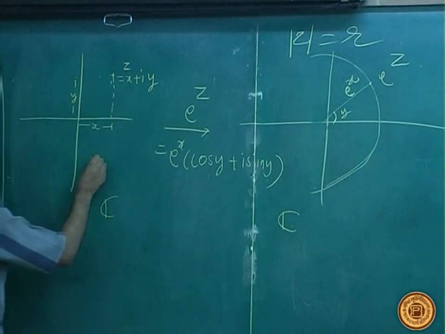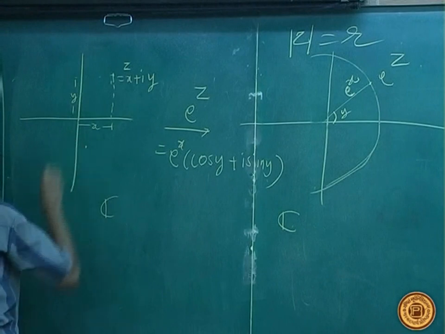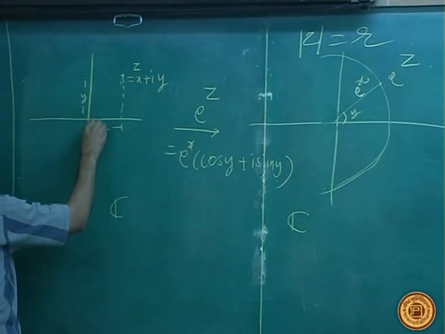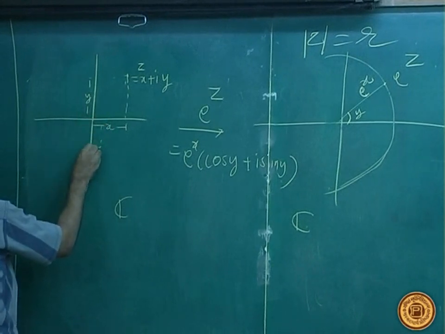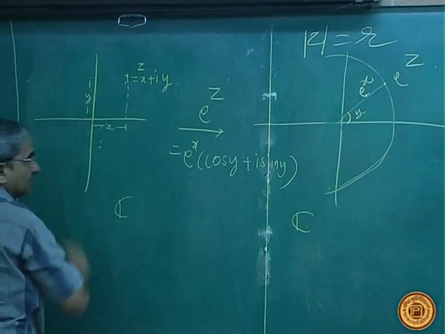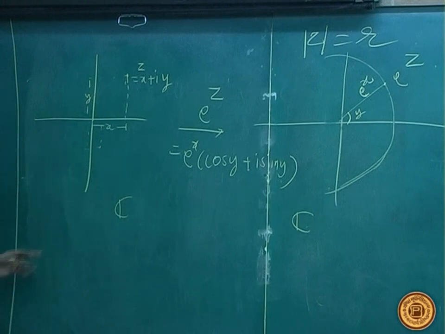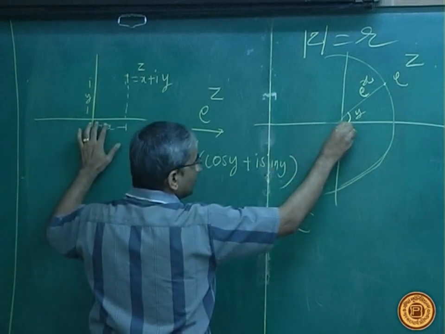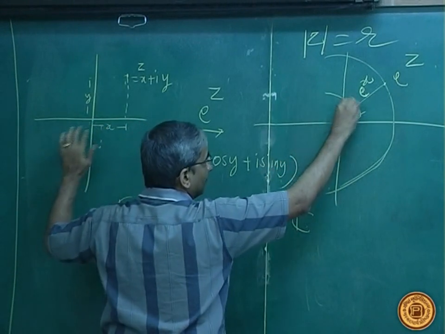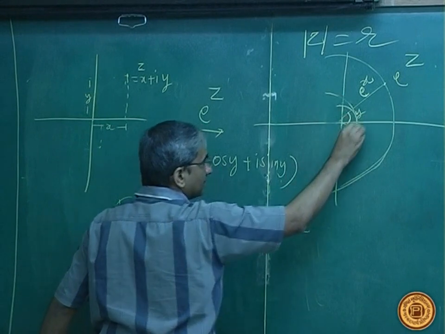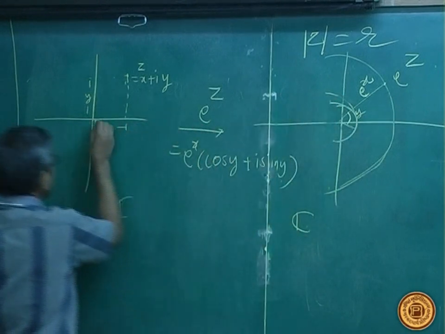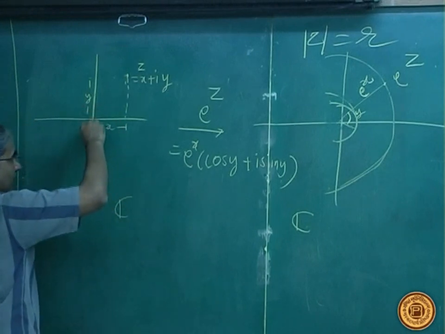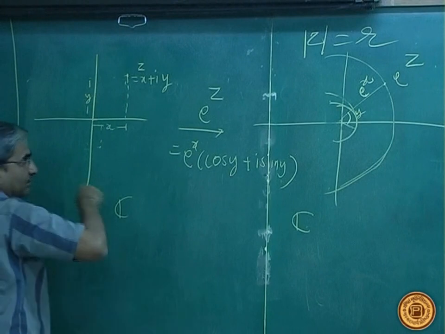So suppose you take this point, okay, then this is your x and now y is negative. So this e to the power z will go somewhere here, because now this is e to the power x. So the circle of radius e to the power x will be this circle, suppose, because this x is smaller than the earlier x, and it now makes an angle of whatever negative quantity y has.